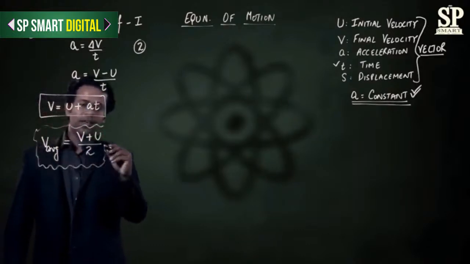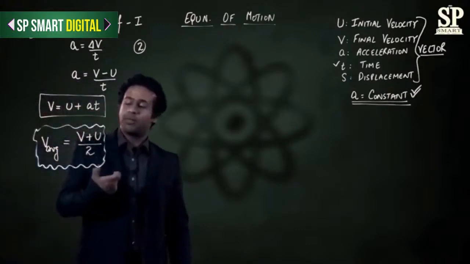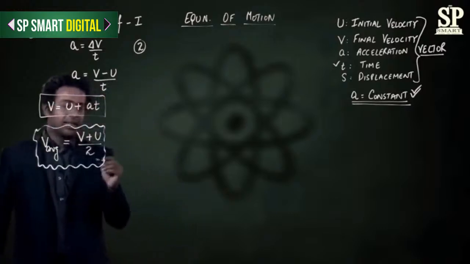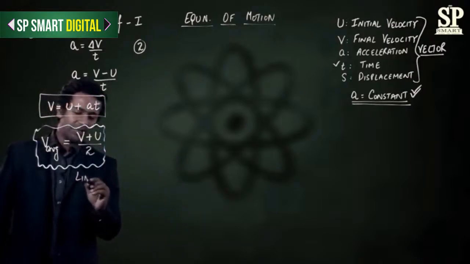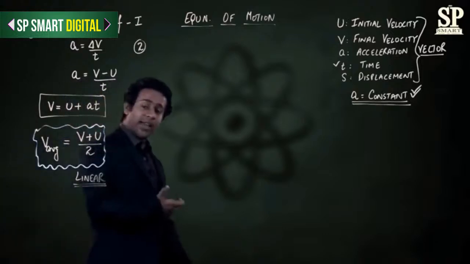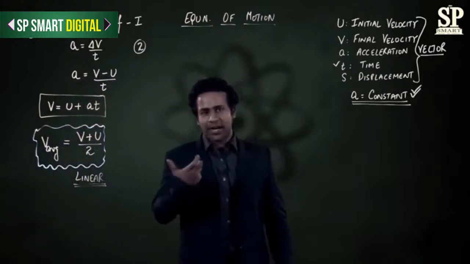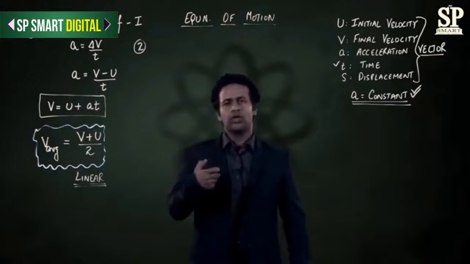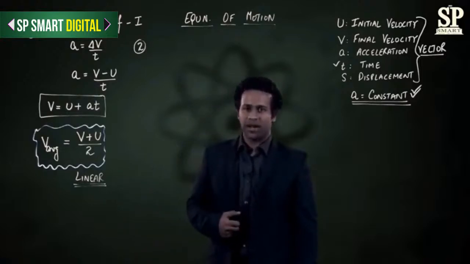I'm not going to prove this. I'll only drop you a hint: think about linear functions once you've studied them in mathematics. We will also discuss this while we are talking about graphs.